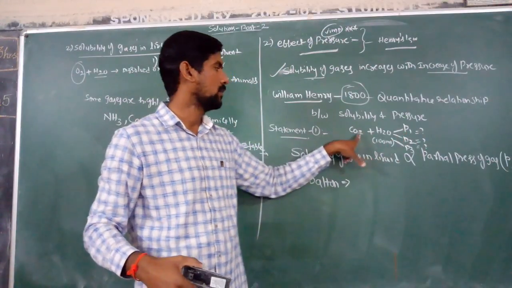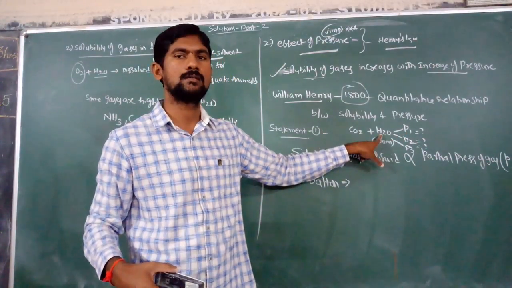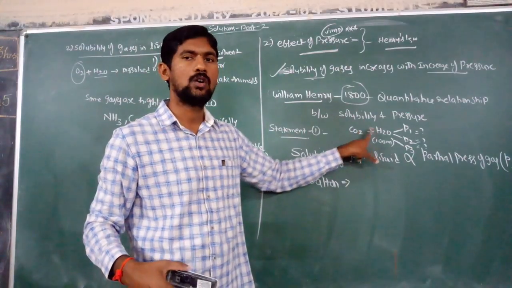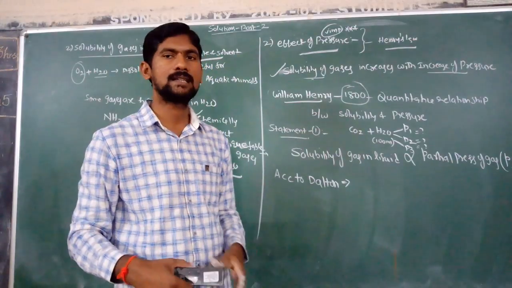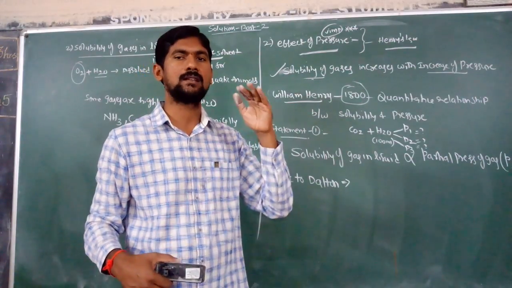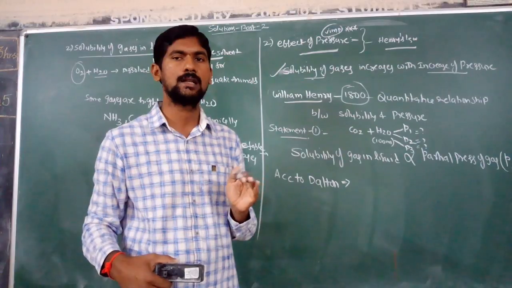At 10 atmosphere, how much carbon dioxide dissolves in water? At 20 atmosphere, how much? Fix the volume of carbon dioxide and water, then vary the pressure.